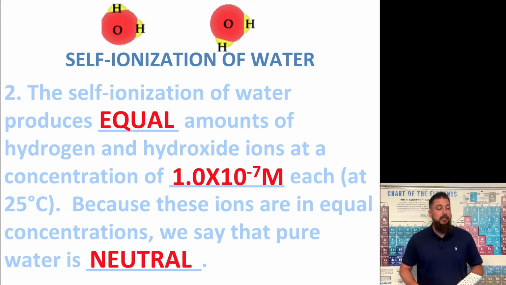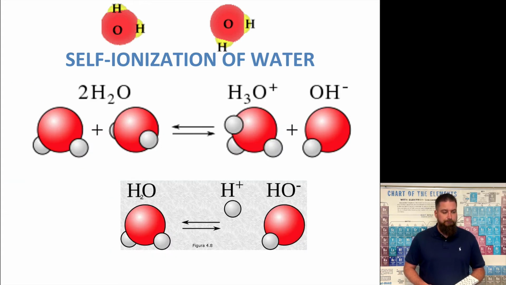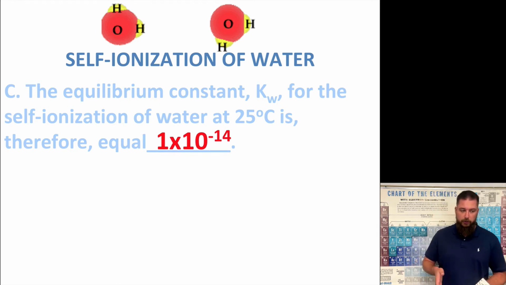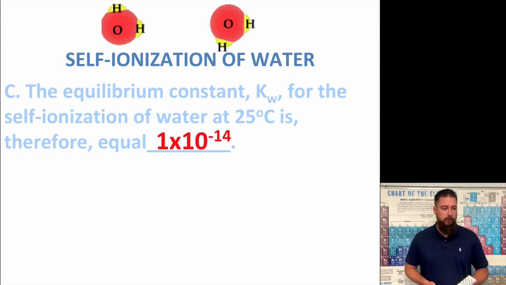Because these ions are equal, we say that the water is neutral, because we have equal amounts of hydrogen and hydroxide. Now the equilibrium constant, the K value for the self-ionization of water, is 1 times 10 to the negative 14. This number is going to be very important for this set of notes and for future sets of notes.